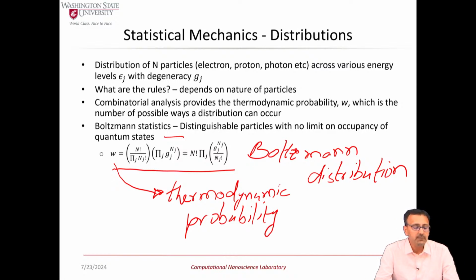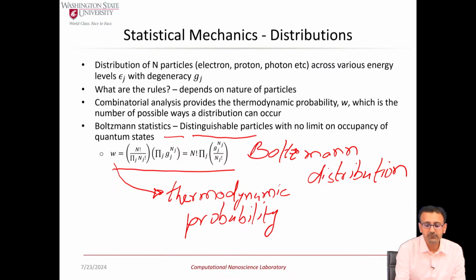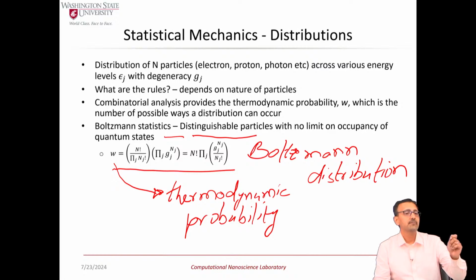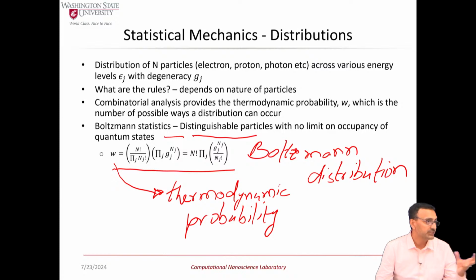What is the key idea behind Boltzmann statistics, or what type of particles would follow this kind of distribution? Number one, the particles have to be distinguishable. So, let us say you can number or name each particle, which is difficult to understand because in real life if you have the same atoms or electrons, they are indistinguishable. Most quantum mechanical particles that we deal with are indistinguishable, but Boltzmann distribution deals with distinguishable particles.